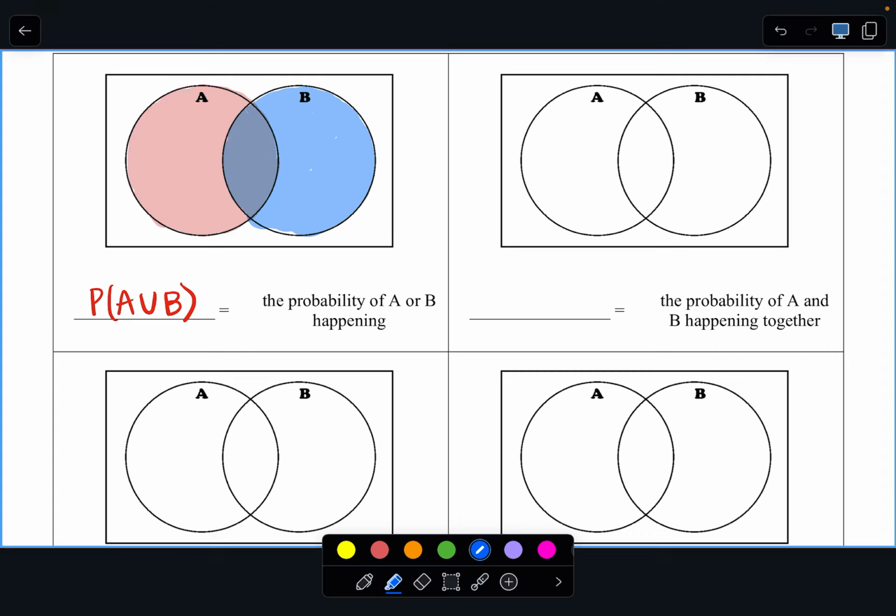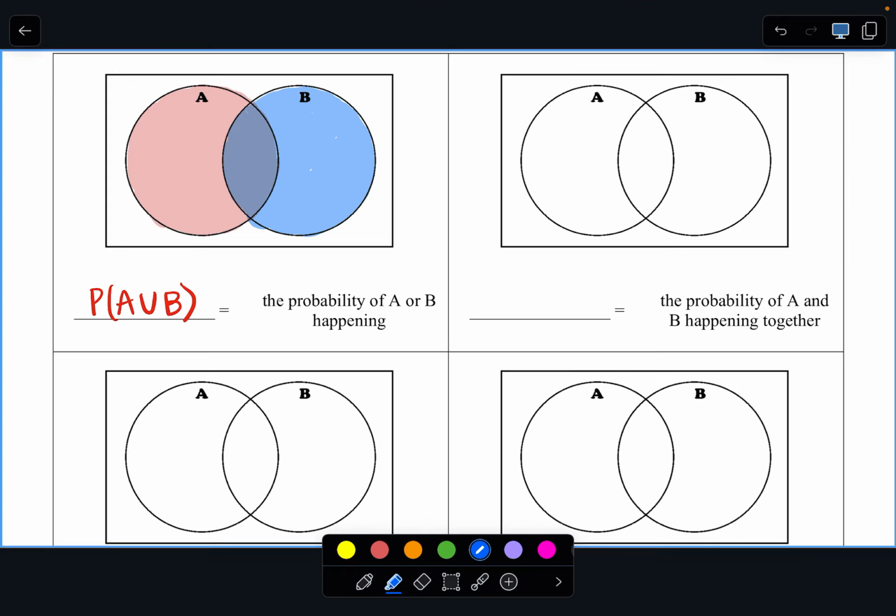And so what you'll notice is in the nature of finding A or B, we already have the overlap shaded. So whenever you're trying to find an or statement and you've already set up your Venn diagram, you are adding the totals from A by itself, B by itself, and A and B. So this is what your Venn diagram would look like.